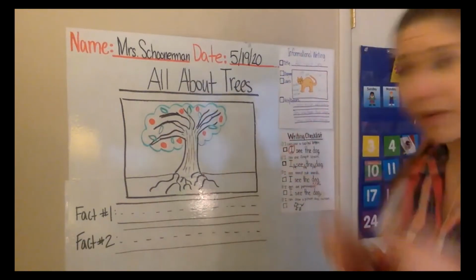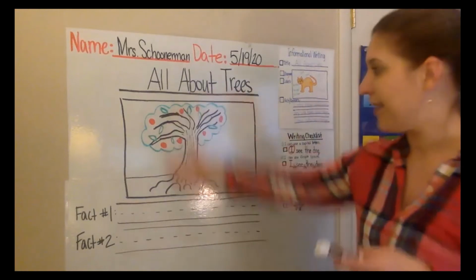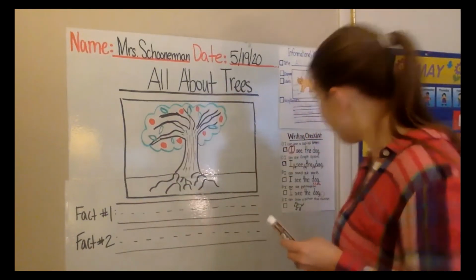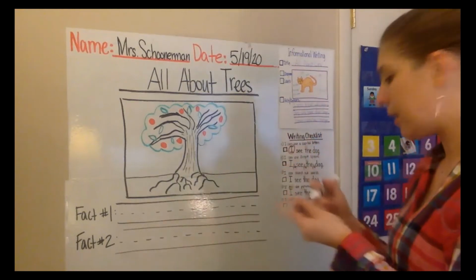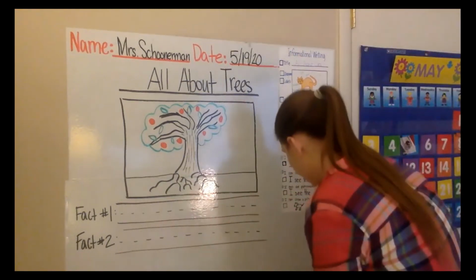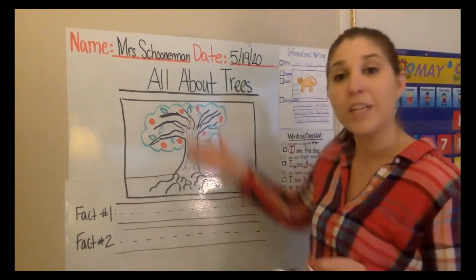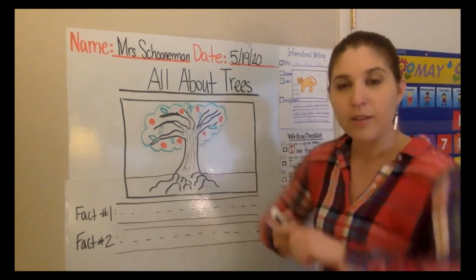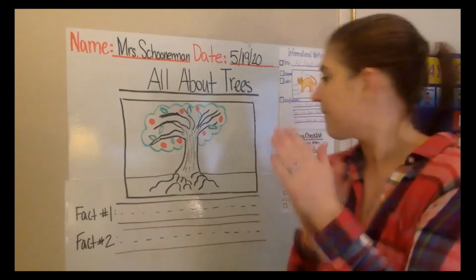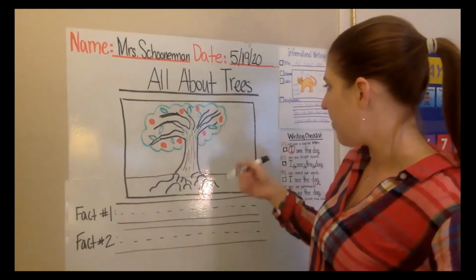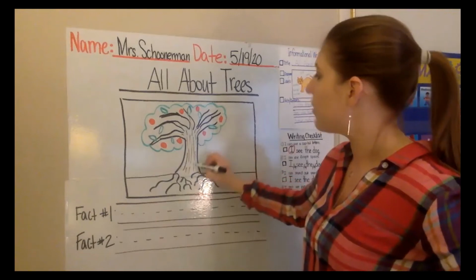Okay, now, after we draw the diagram, we need to add some labels. That's the next part. So the labels just tell what each part of the picture is. So, I think what I will label, let's start with the trunk.